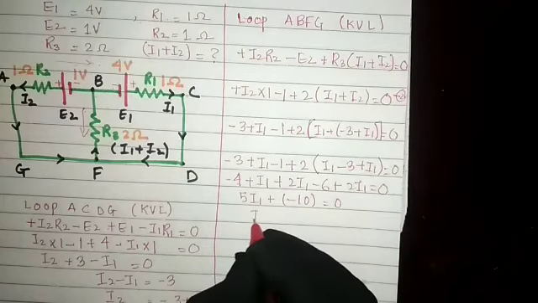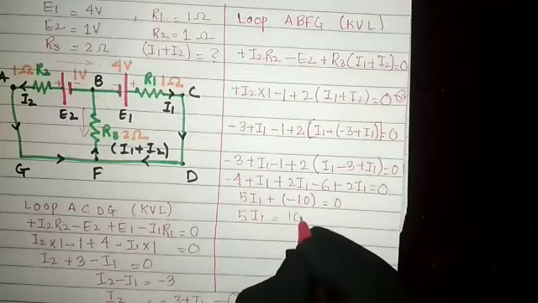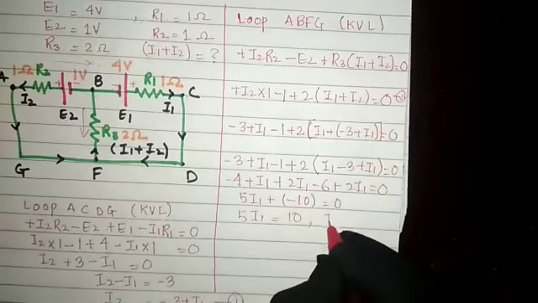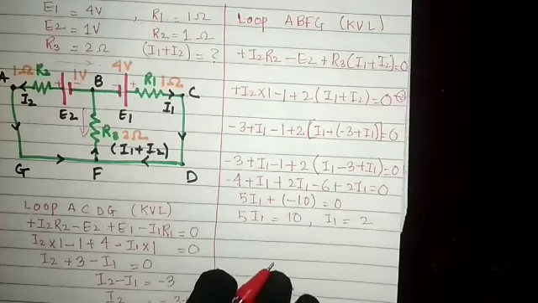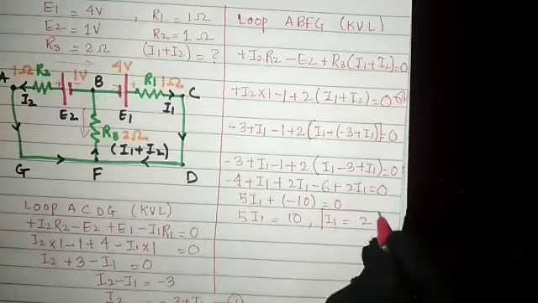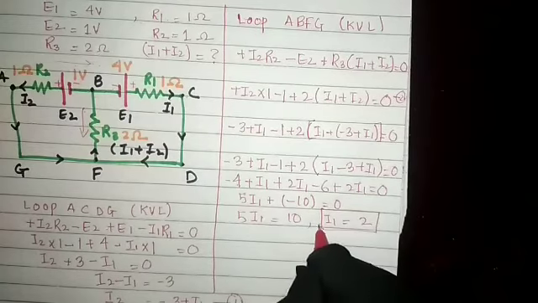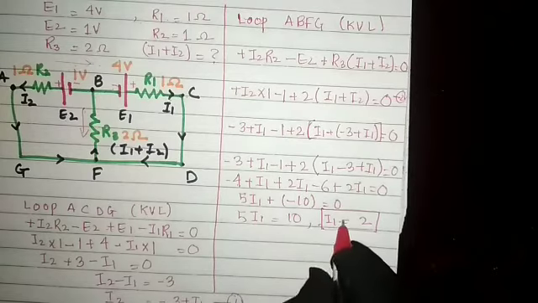So 5 I1 is equal to 10, that means I1 is equal to 2. So we get our I1. Now we can substitute this value of I1 in equation number 1.